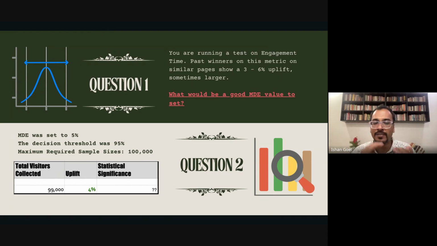But since the uplift is very close to the MD that we set, the statistical significance might be something around 90, 95 or 85%. In this case, I sometimes recommend that you can increase the test duration by lowering the MD. It is okay in some scenarios because you are running the test longer to see if the 4% uplift reaches significance or not. Any questions around this?